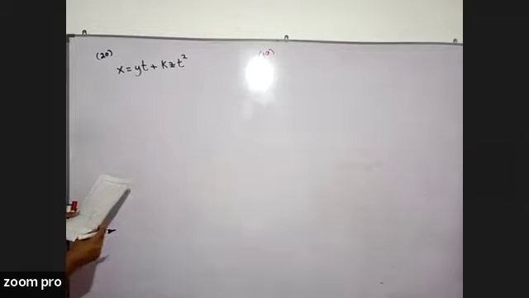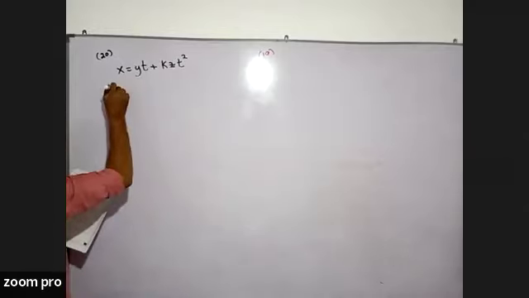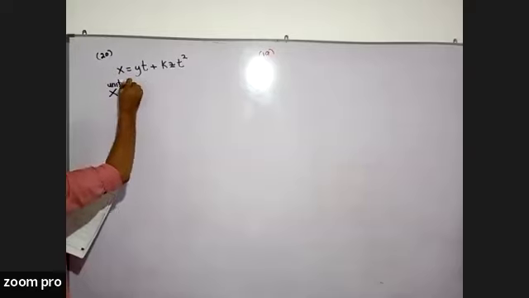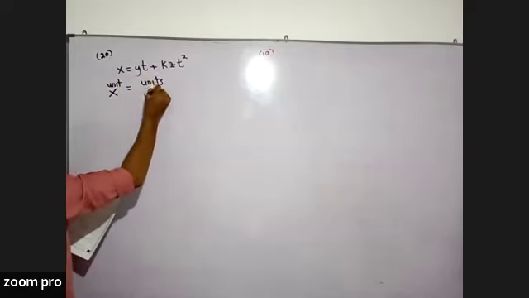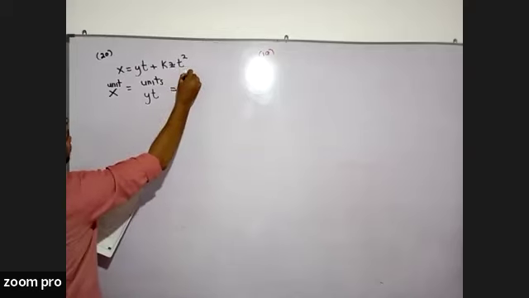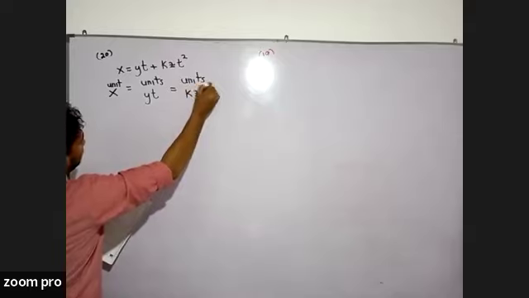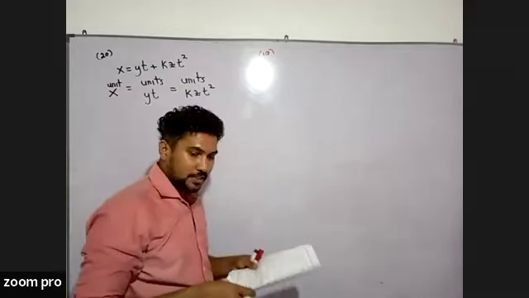So here, if this equation is correct, unit-wise, the unit of x should be equal to the unit of yt, and it should be equal to the units of k z t squared, right? So the thing is you have to find the units of z, right?